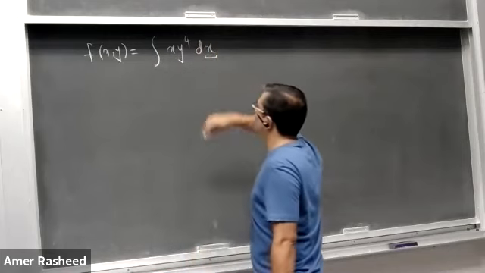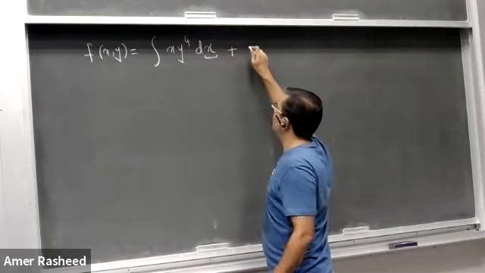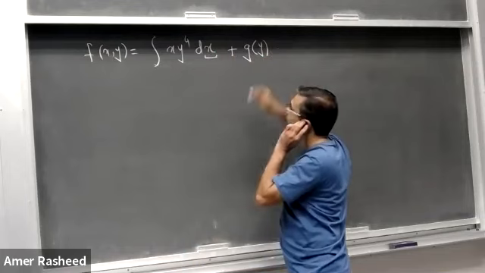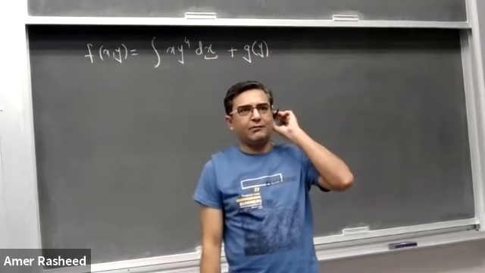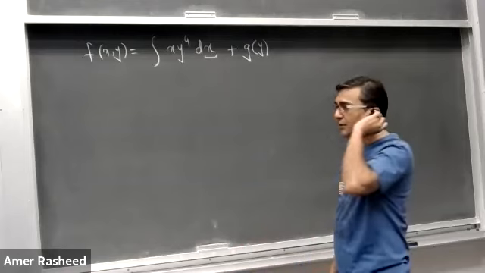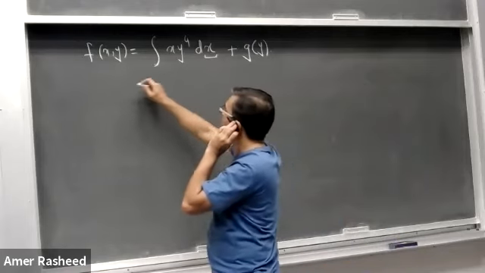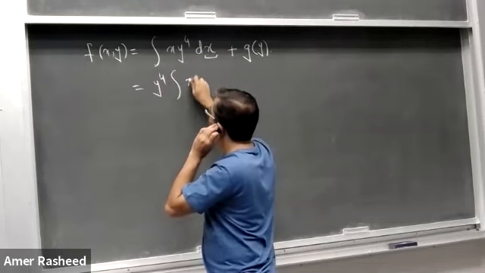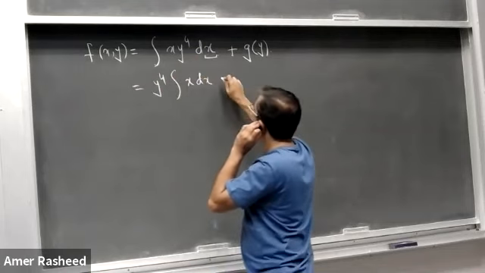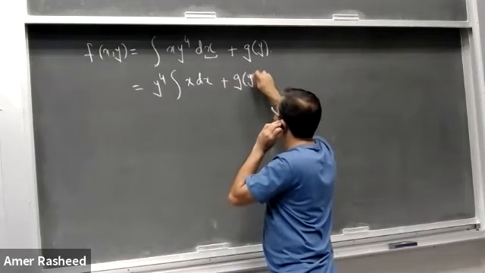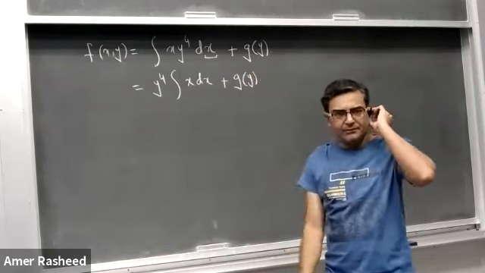Remember this. Plus a function of y, g of y, which is the integration constant here, because we are assuming that y is a constant. So if y is a constant, we can take this y^4 outside of this integral, and we are left with only the integral of the function which involves x only.